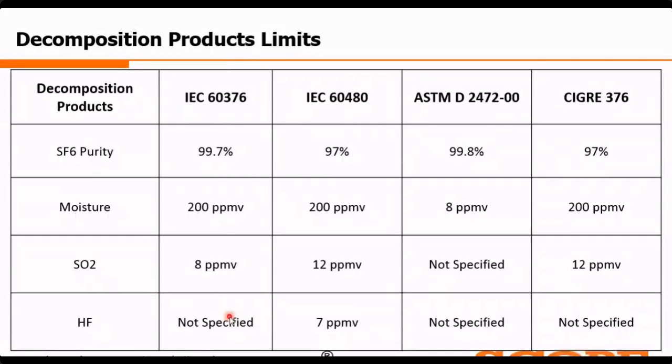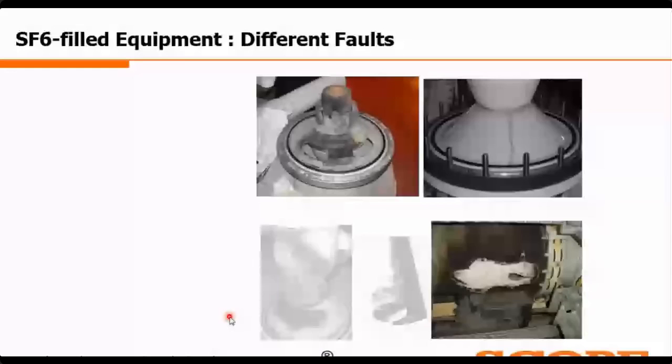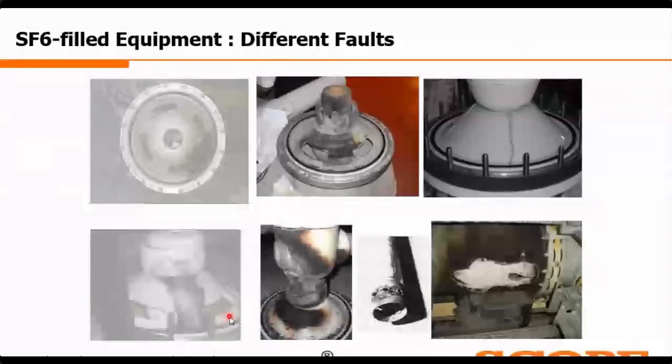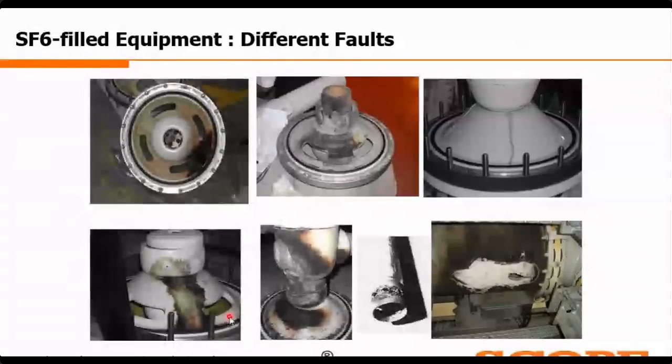Now, I've already told you that during maintenance, or because of internal faults, we can observe these abnormalities in the GIS compartment. So you can see this is nothing but the effect of the faults happening inside the compartment. That means generally it happens when your dielectric strength of SF6 is getting reduced. So that is why you need to periodically check the condition of the SF6.